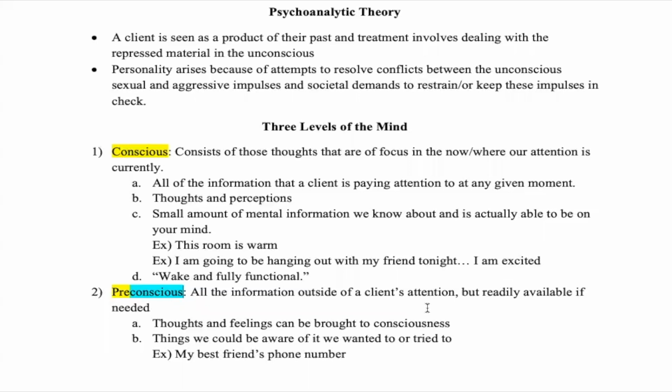So preconscious is prior to being on their mind, but easily accessible. These could be thoughts and feelings that can be brought to consciousness relatively quickly, things you could be aware of if you tried to. These are things you may have in your memory, but you're not constantly thinking about them.